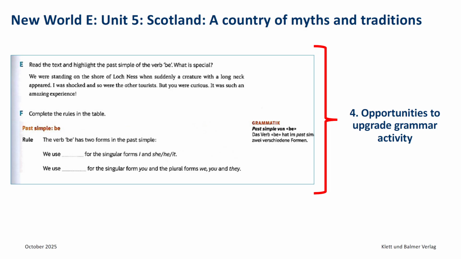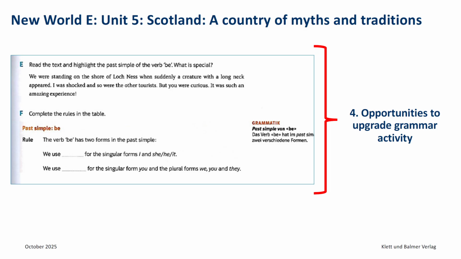So again, we can still use this type of activity, and we can possibly use a text that we generated earlier to highlight examples. But hey, why keep to the past simple form? Perhaps we create a text that also includes other samples of the past tense, past continuous, for example, and past simple, and then ask them to highlight those grammatical points, and again, perhaps explore why is the past continuous used here?